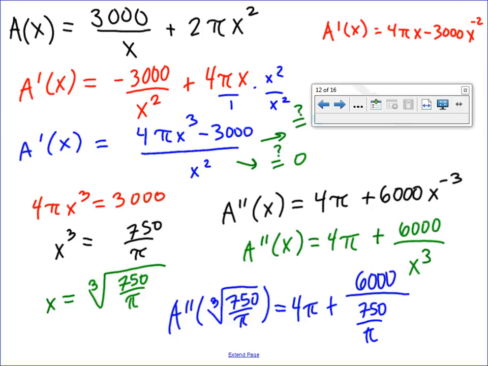No, I just need to know if it's positive or negative, and I see clearly that this must be a positive result. Therefore, A double prime of the cube root of 750 over pi is positive, and that's all I care about. So since A prime of the critical value equals 0, I've got a horizontal tangent, and A double prime of the critical value is positive, I'm dealing with what feature?